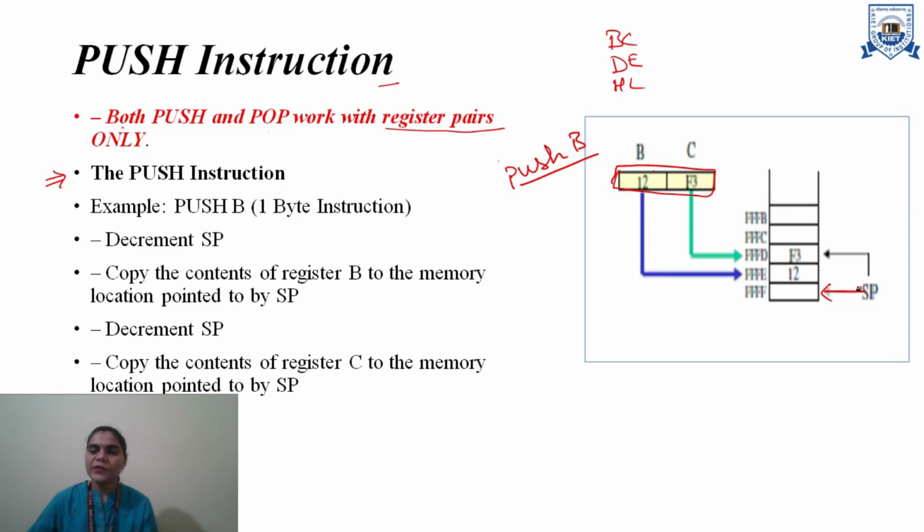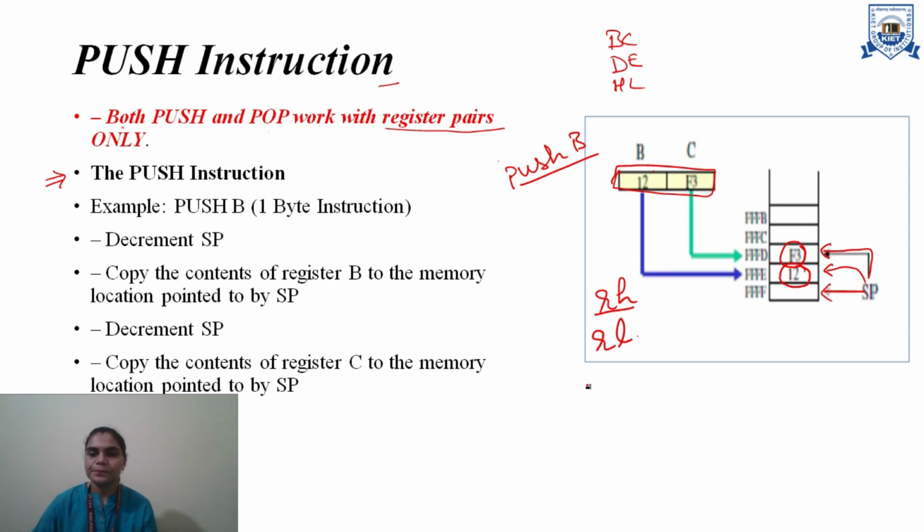First we will decrement the stack pointer and put the data from register B here. Then again we will decrement the stack pointer and put the data from the lower register here. So first the data from the higher register will be inserted and then the data from the lower register will be inserted.